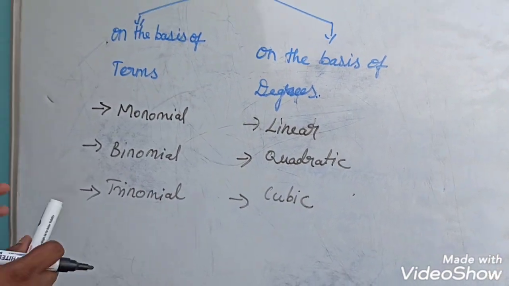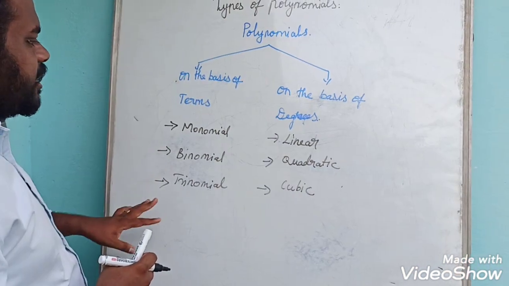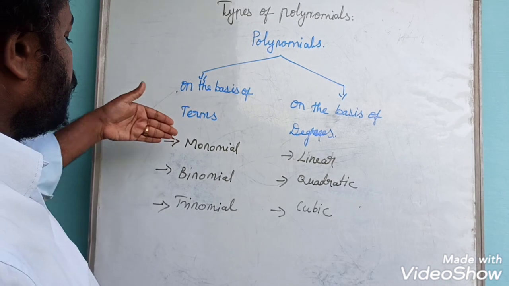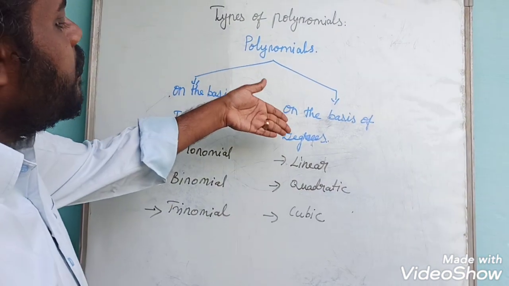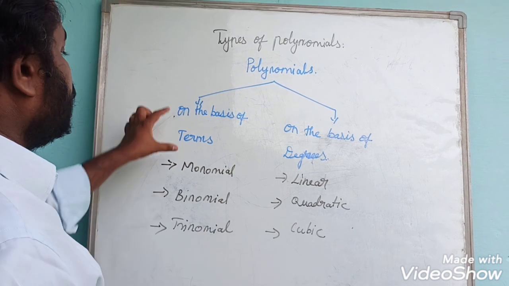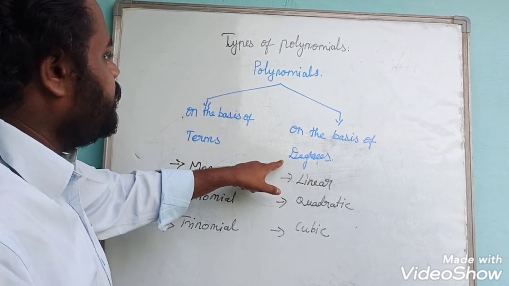So these are the types of polynomial: monomial, binomial, trinomial. Next we have to see elaborately what is meant by monomial, binomial, trinomial, and what is meant by linear, quadratic, cubic, and how we have to classify on the basis of terms and on the basis of degrees.